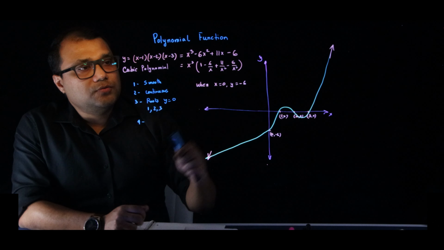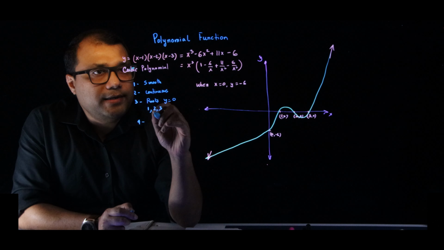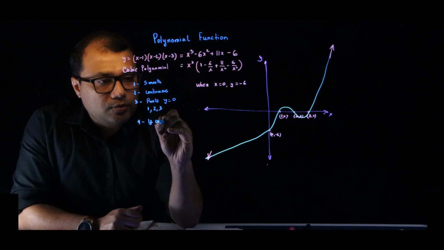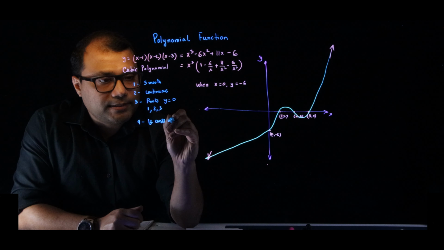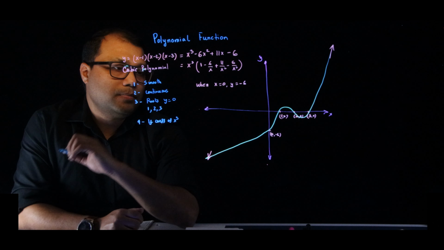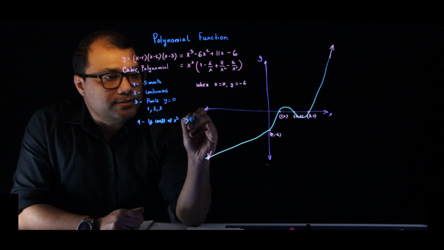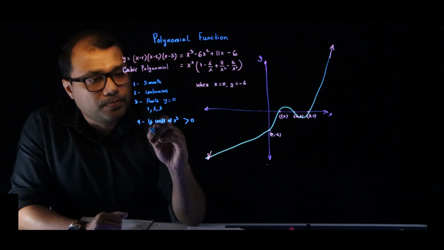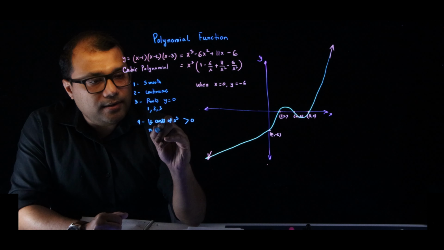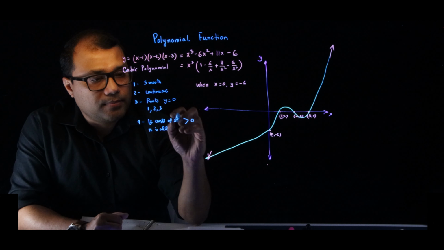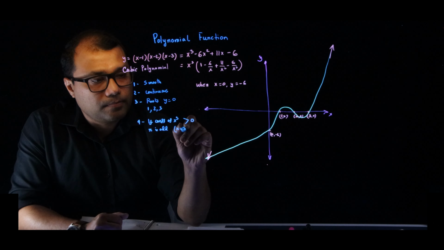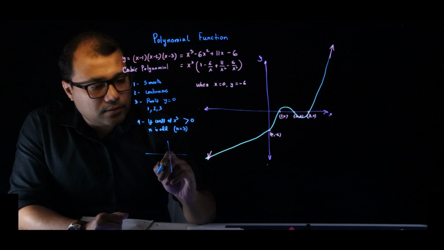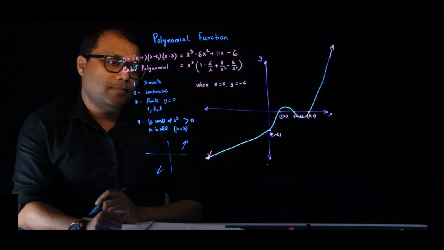So from this we can generalize this rule. If the leading coefficient, or coefficient of x cube, is greater than 0 and n is odd, in this case n equals 3, then the graph will always be going like this.